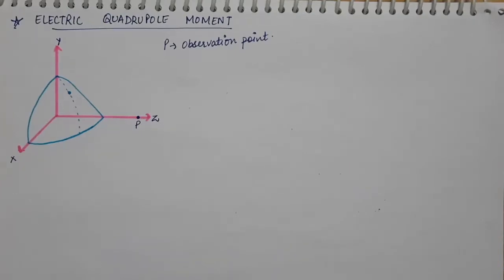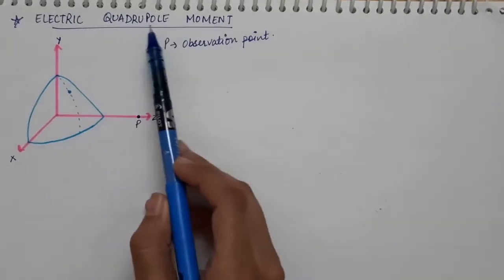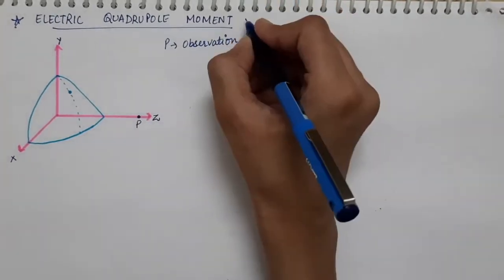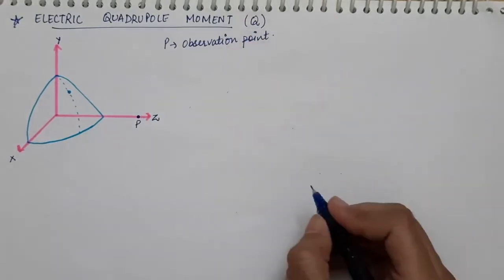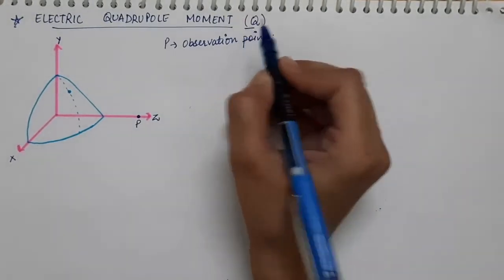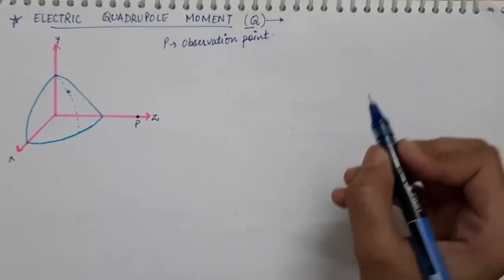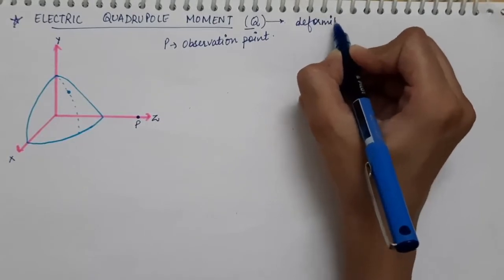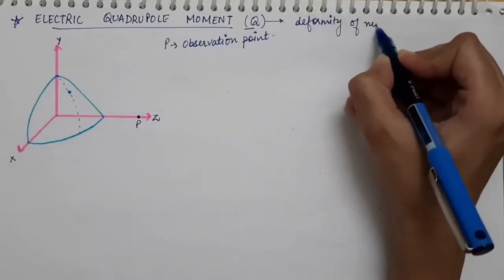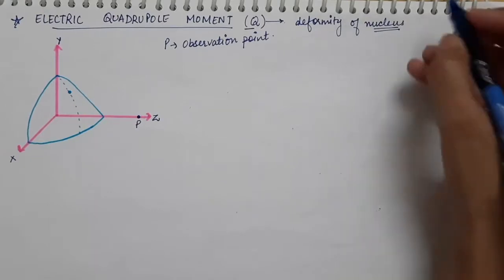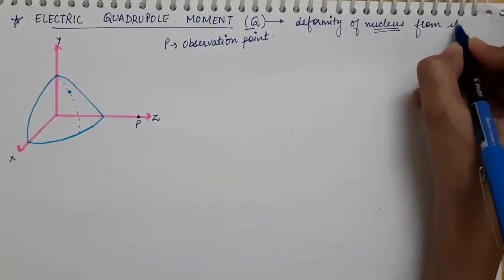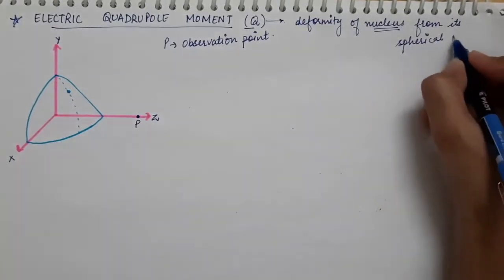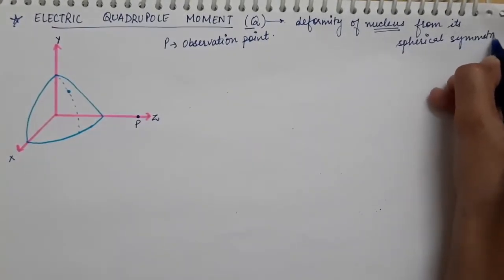The last important property of nucleus is the electric quadrupole moment of the nucleus. The electric quadrupole moment of nucleus is generally denoted by capital Q, and this quantity measures the deformity of the nucleus, or the shape of nucleus from its spherical symmetry.